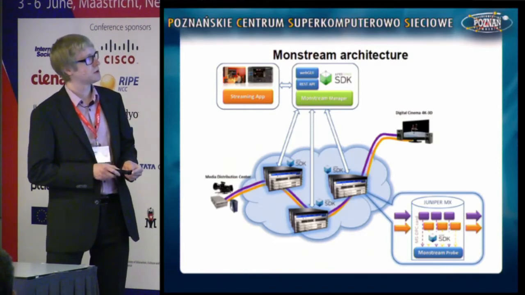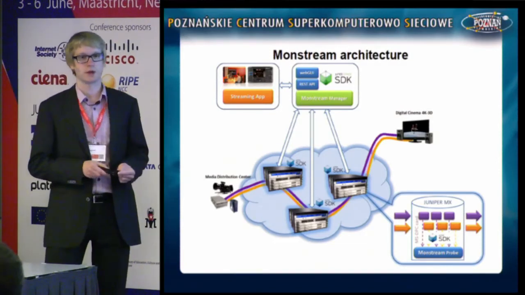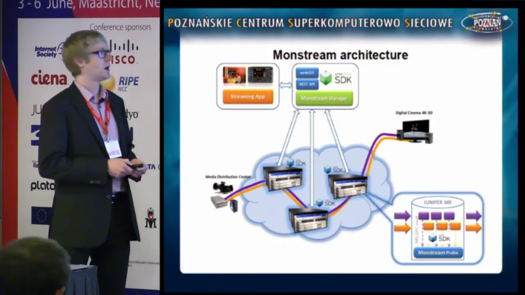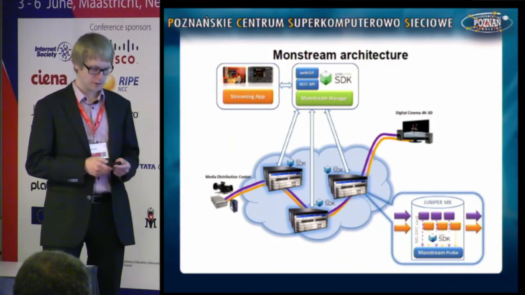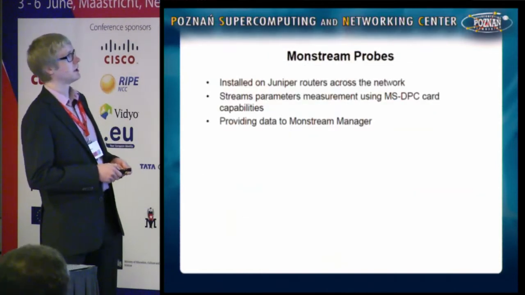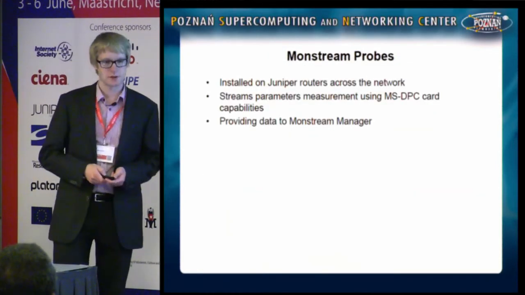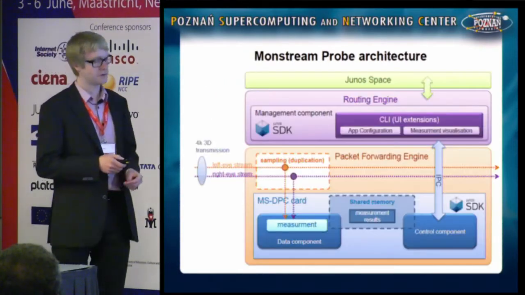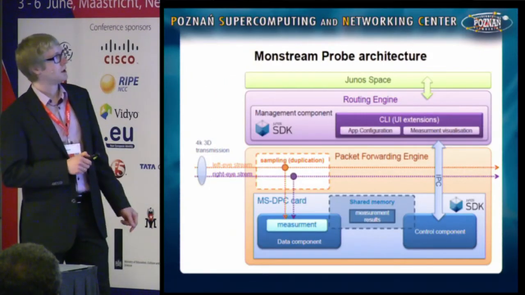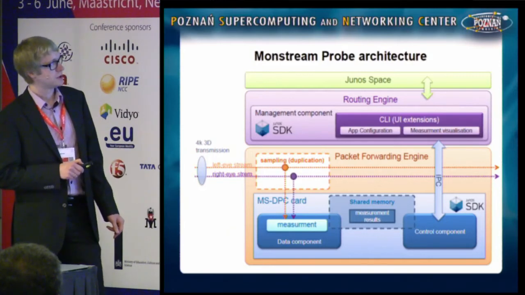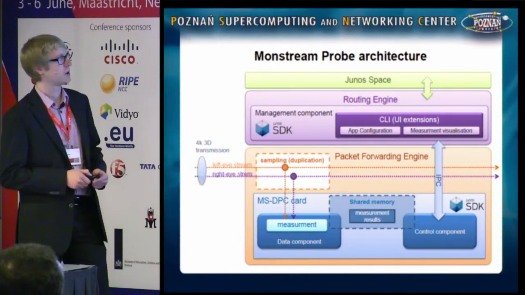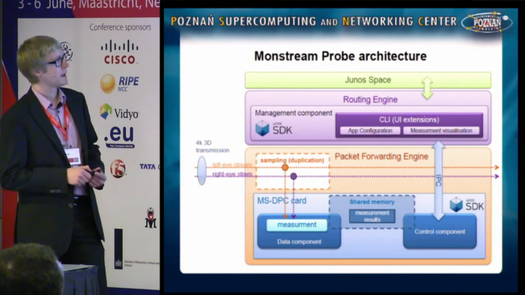In the beginning, these are only triggers to find where parameters got worse, and to raise alarms if desired. MonStream Pro, as I said, is installed on the MSDPC card and is responsible for providing data. We are using the Junos SDK for this part of our application.